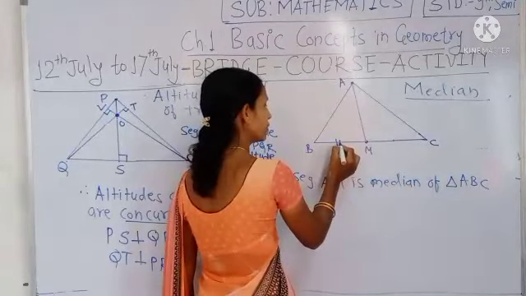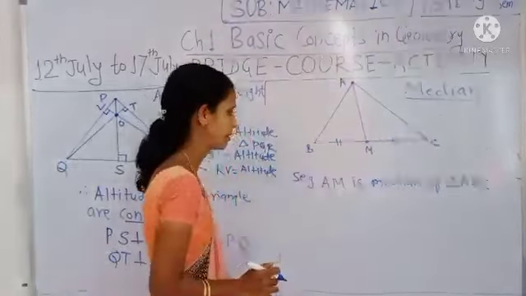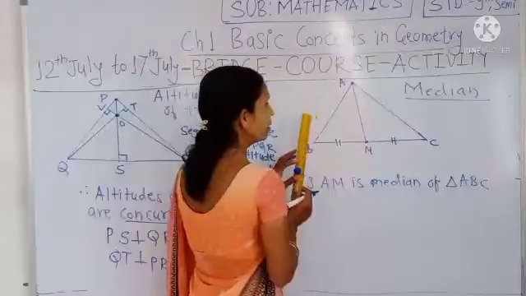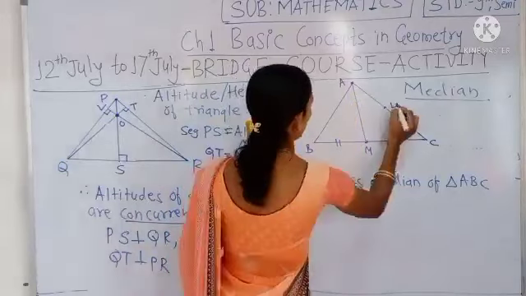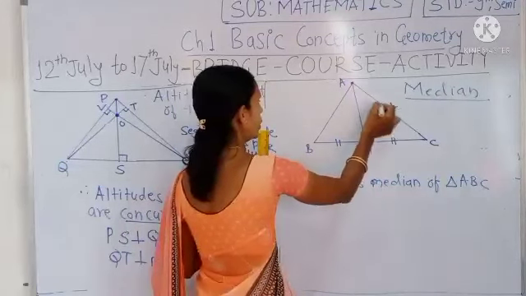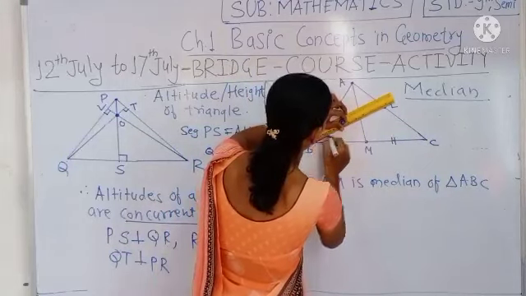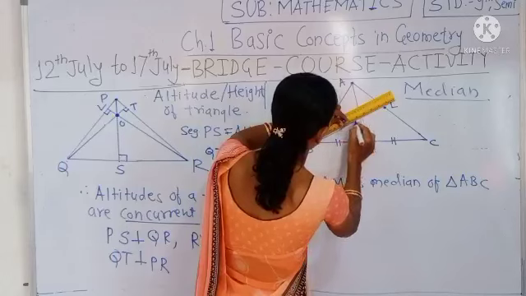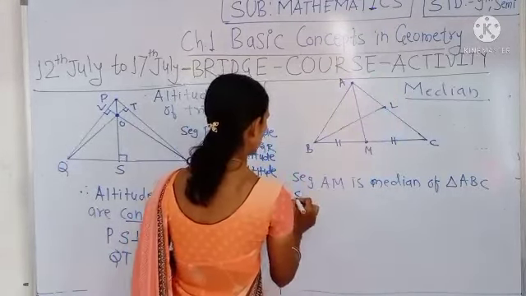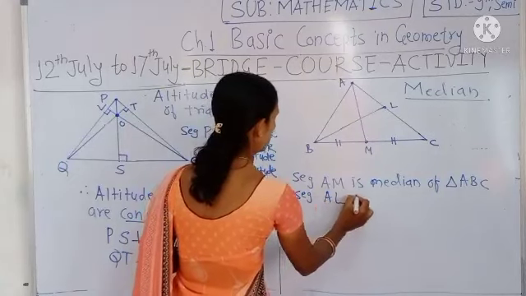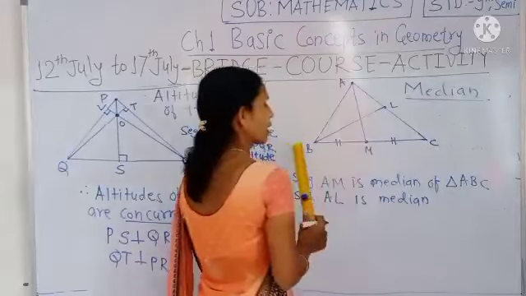It divides the opposite side into two equal parts. Then we can draw 2 more medians of the same triangle. L is a midpoint of AC. Therefore, segment BL is also a median of that triangle.